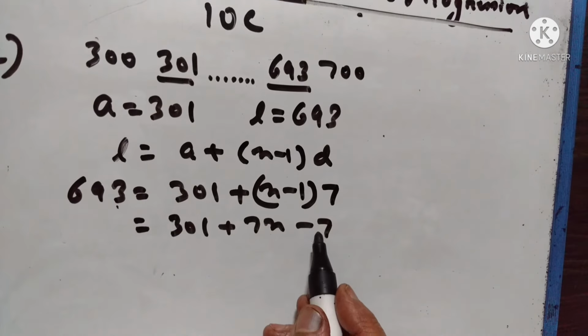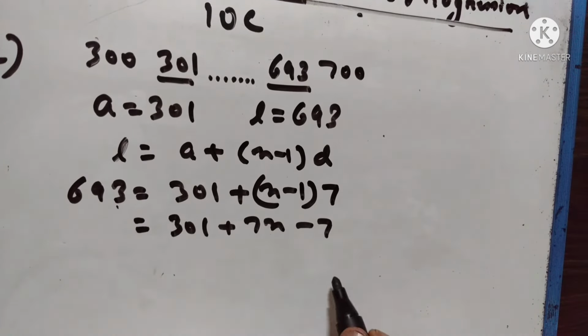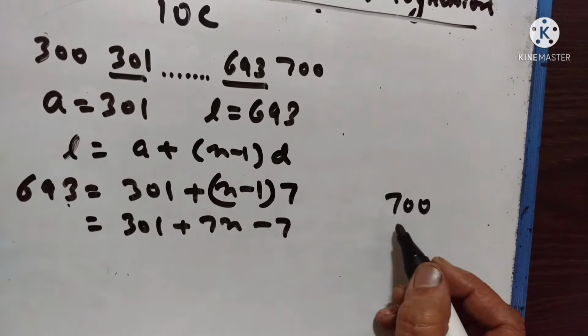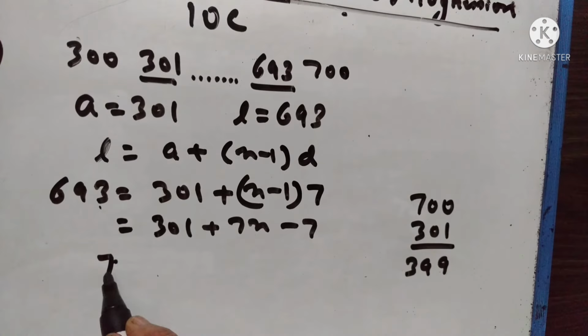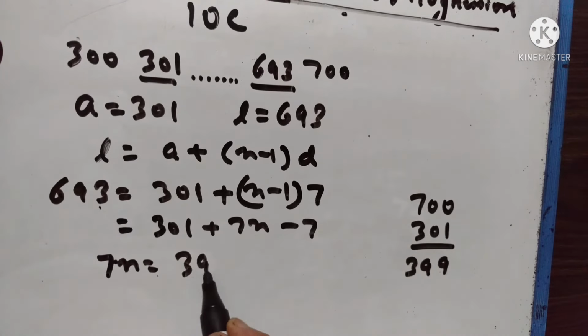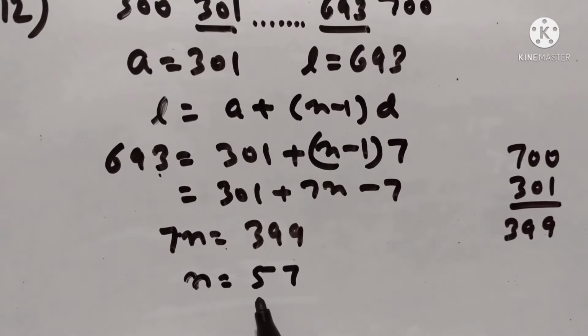693 plus 7 is equal to 700. 700 minus 301 is equal to 7n. 700 minus 301 is 399. 7n is equal to 399. Therefore n is equal to 399 divided by 7, which is 57. N is equal to 57. Now let us find the sum.